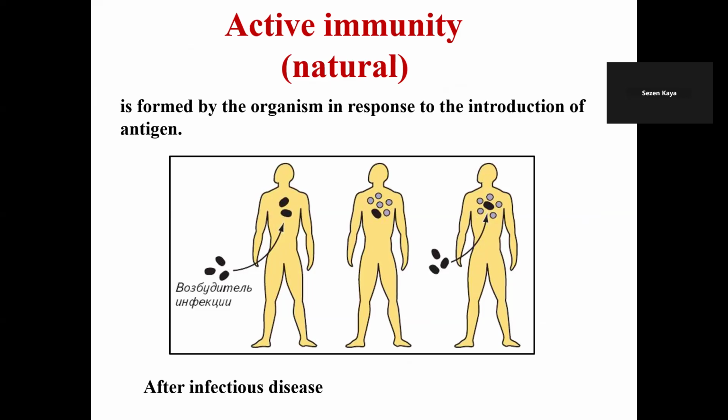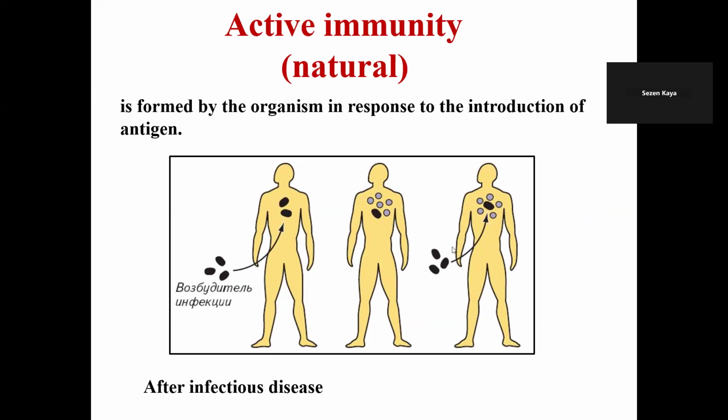This reaction will be slow, not so intensive, because the body doesn't know what to do with this infection, with this antigen, tries to find some way of solution for how to fight this infection, and finally finds the way.